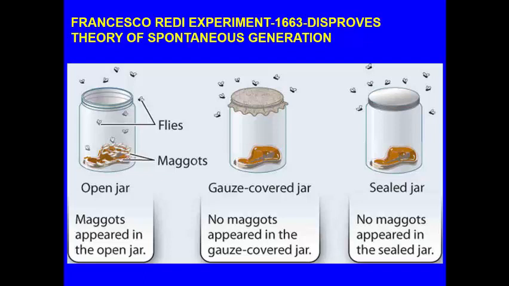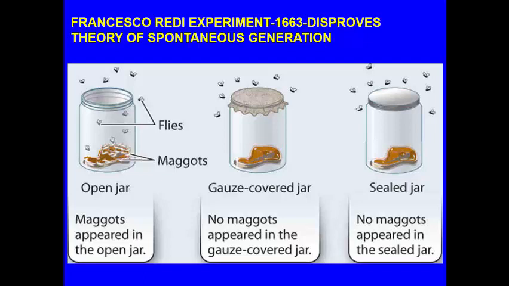Francesco Redi in 1663 refuted this theory, and this is his experiment you can see here, where basically he took two containers, one was open, one was covered with kind of a gauze, almost like a cheesecloth. And what he did was show that it was not that maggots spontaneously generated from rotten meat.